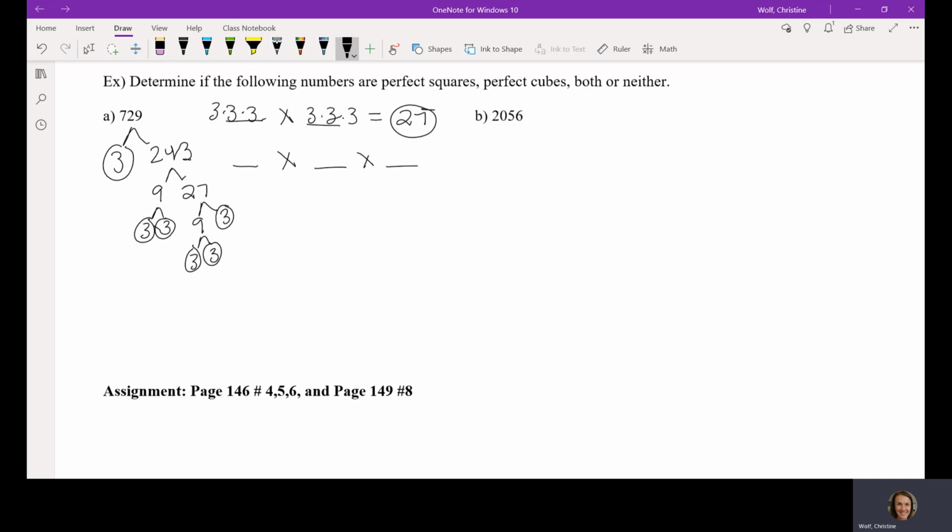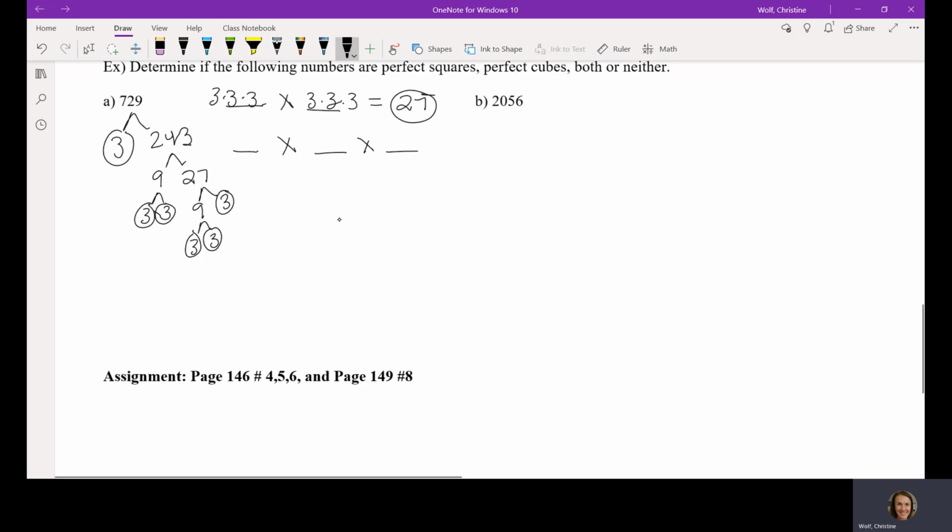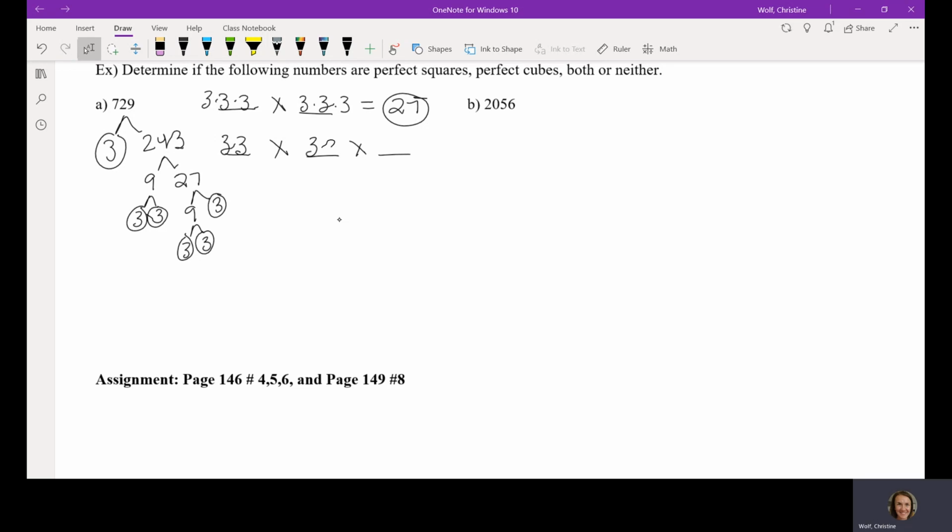Again, I have 6 3s. So I could go 3 by 3, 3 by 3, and 3 by 3. So yes, I can create 3 identical groups. So that means that the cube root is 9. So the answer to this question is that it's both a perfect square and a perfect cube.